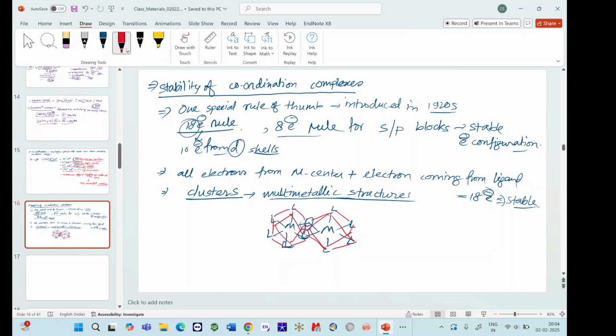It can be edge shared, it can be face shared, it can be shared in many ways. That thing will come later. That is not a point of discussion for the course. So we'll only focus on mononuclear complexes.